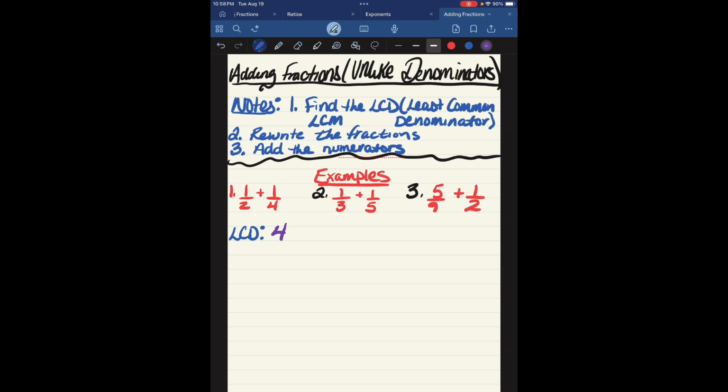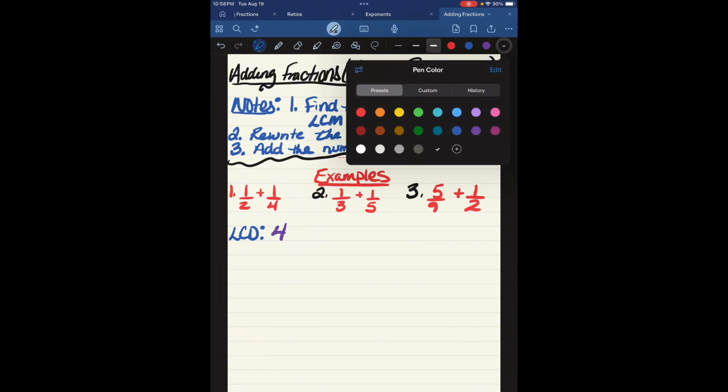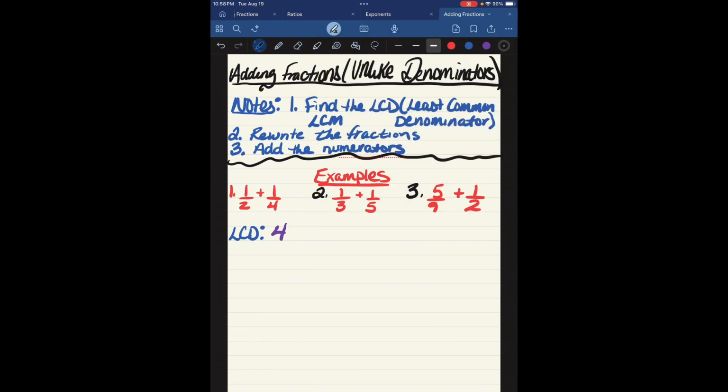So we're not going to bother the 1/4, but we're going to bother the 1/2. So we're going to multiply it times 2 on the top and the bottom. So now, next step, we're going to rewrite the fractions.